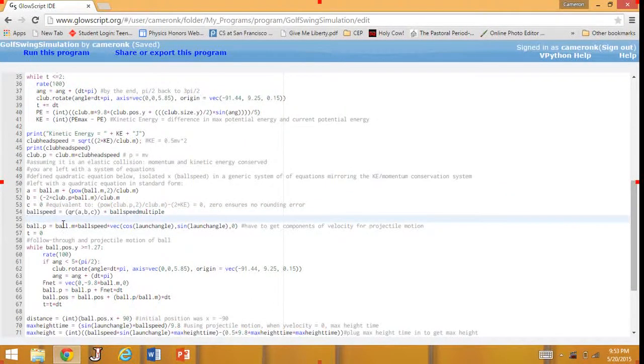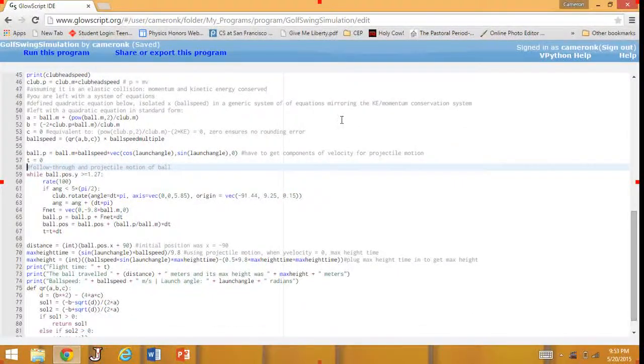And so next I define the momentum of the ball, which is mass times the components of velocity, because you have to get the components of velocity for projectile motion. And I just reset time to 0. The follow through in the projectile motion of the ball is one final loop. So I say while the y position of the ball is less than the starting y position, once again in real time.